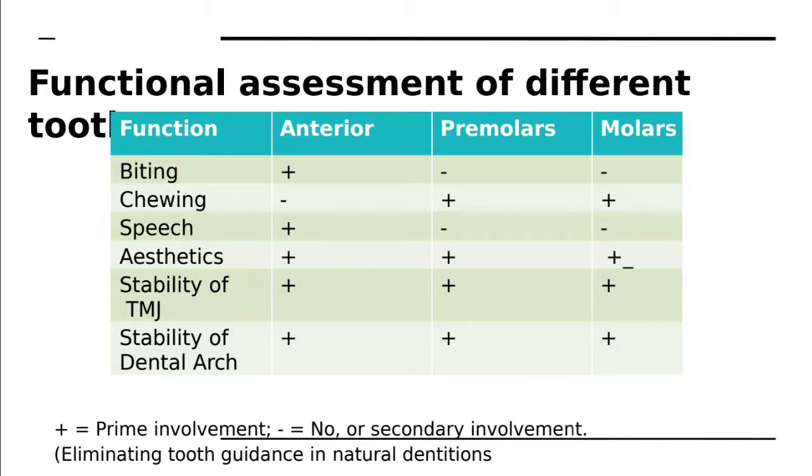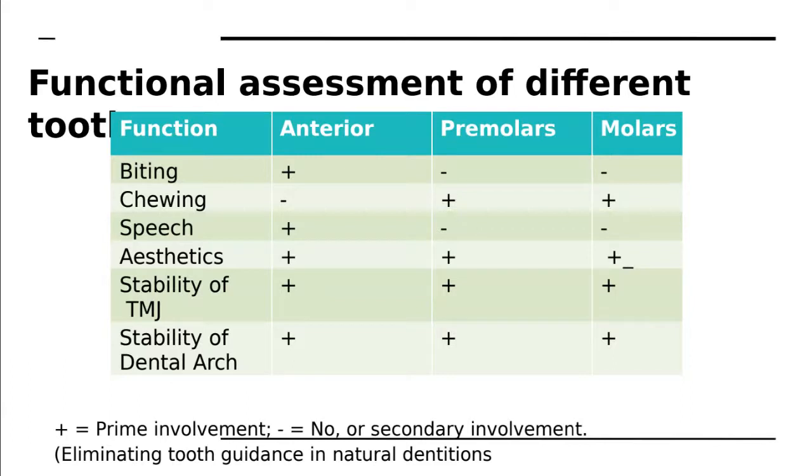And for aesthetics, we have anteriors, premolars, and molars, because sometimes it depends on their smile. For some patients, when they smile, only the anterior teeth are visible, but for some patients, it is also the premolars. And some patients' smile is so big that even the second molars are visible. If the lip line is so huge, even the second molars are also visible.